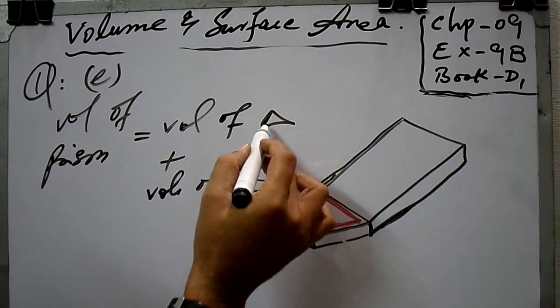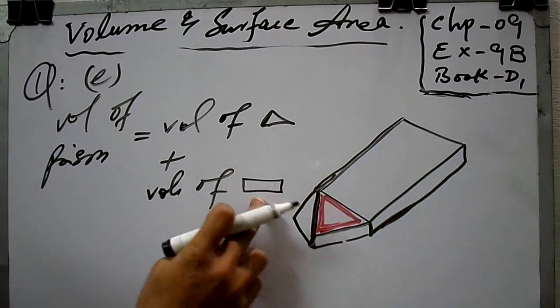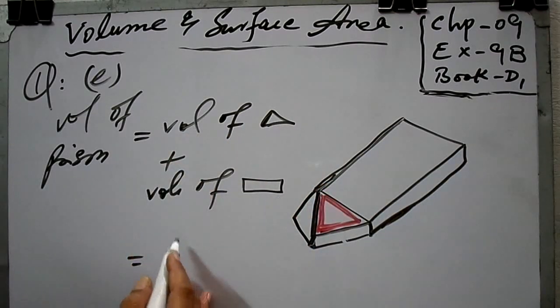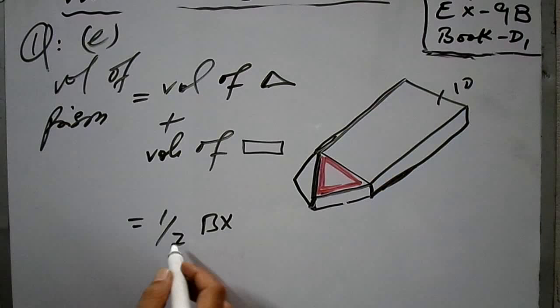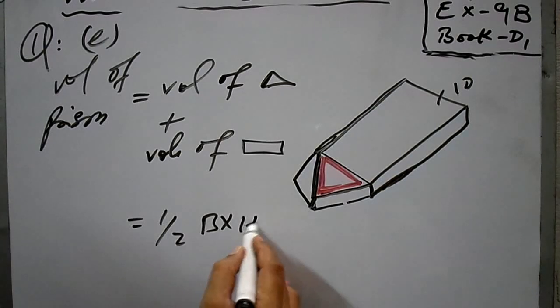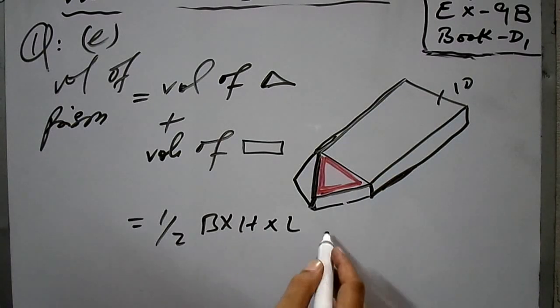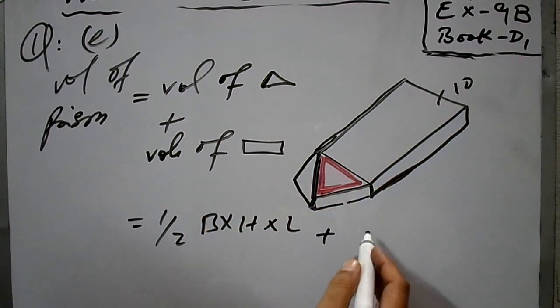The triangle is denoted by this one, a rectangle is by this one. So you have a formula. So putting the values, the volume of triangle is half base into height into length plus volume of rectangle.